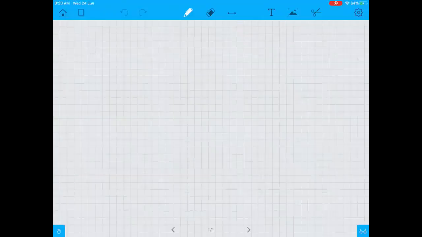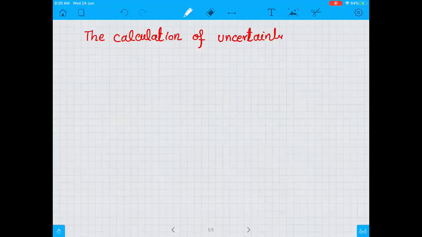Today we are going to understand the calculation of uncertainty in a measurement.